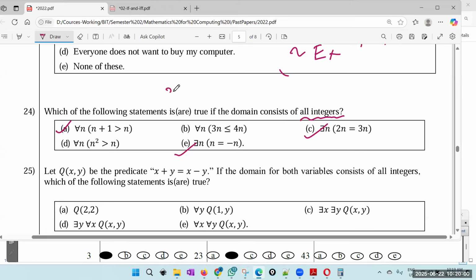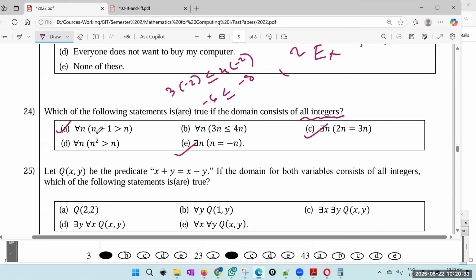Say minus 2: is 3 times minus 2 less than or equal to 4 times minus 2? 3 times minus 2 is minus 6. Is it less than or equal to minus 8? No, minus 6 is not less than or equal to minus 8. Minus 6 is bigger because it is to the right of minus 8. So for negative integers, this doesn't work.